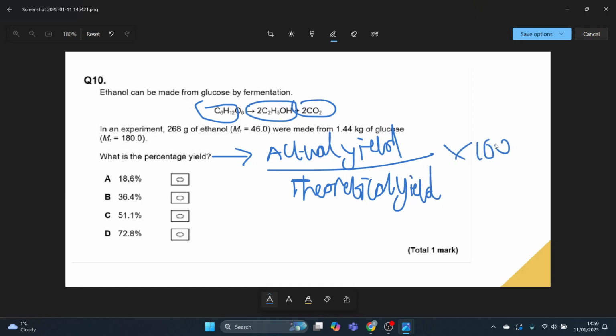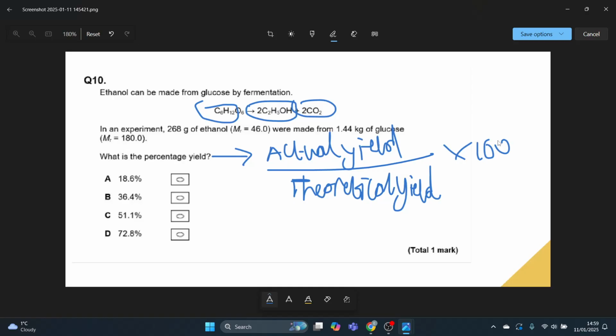times by 100. So I need to find out the moles of the actual yield of ethanol. So what I think we have to do is work out the moles of ethanol and work out the moles of glucose.